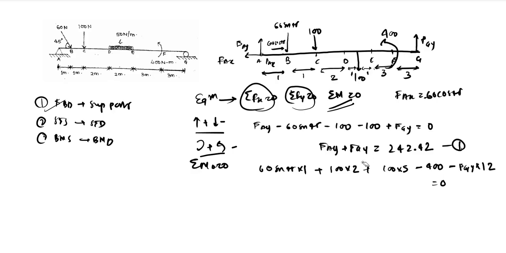So FGY becomes 28.53. If you put this value into your first equation, you will get the value of FAY also, which is 242.42 minus your answer, which will be 213.88.